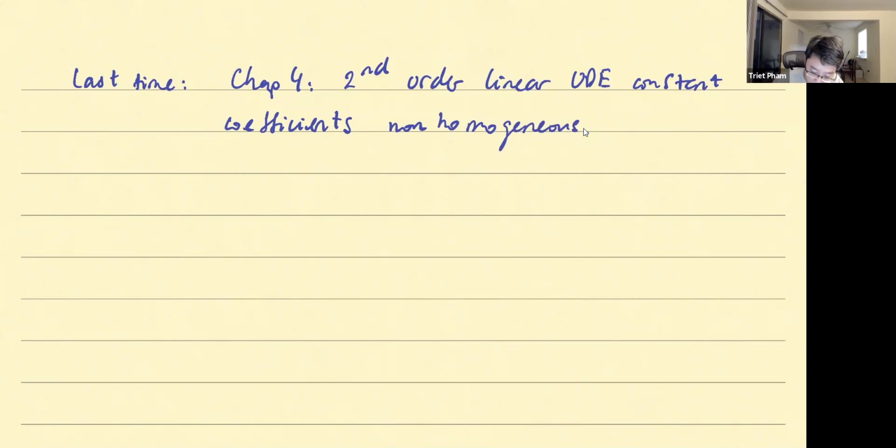All right. And so the model that we have is ay double prime plus by prime plus cy is equal to f of t. And the method that we want to use is the method of undetermined coefficients.